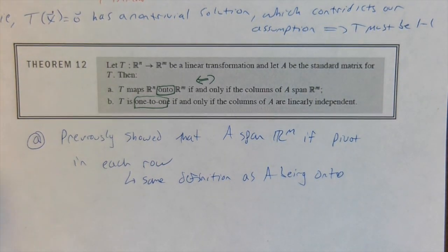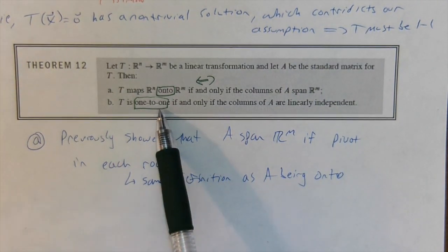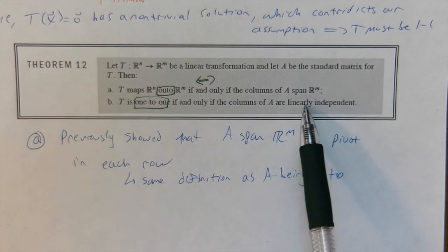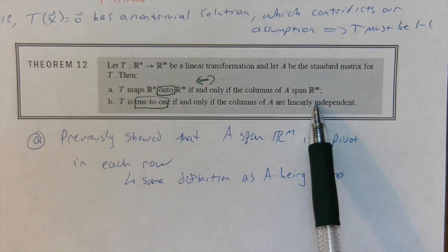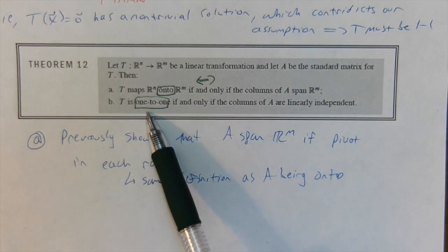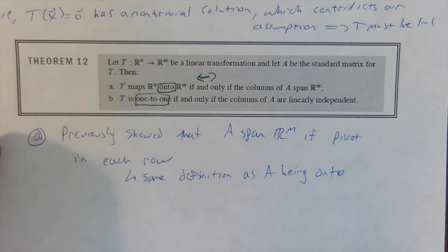The second one is talking about free variables again, right? We showed previously that if we have linearly independent columns, there's no free variables. Well, if there's no free variables, that means A is 1 to 1. So it's just linking these things together.